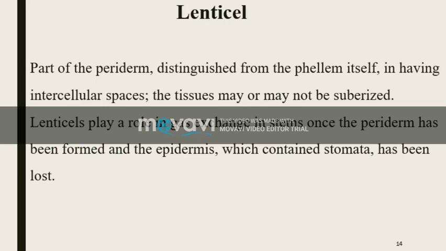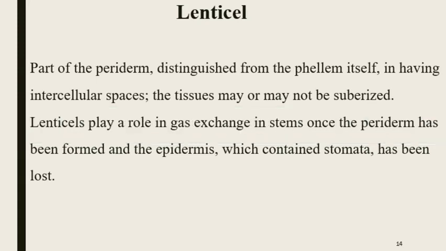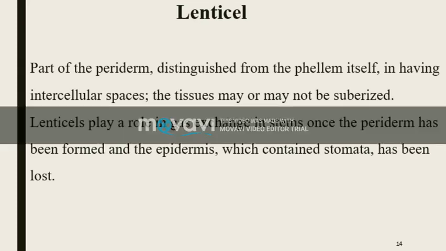In the previous slide, we have cleared our concept that when the periderm is formed, the cork cambium forms cork on the outer side and phelloderm on the inner side, the epidermis falls off and the whole place is covered by cork.